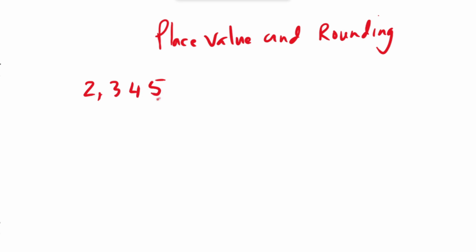The first digit to the far right is called the ones. The digit that comes right after it to the left is the tens.